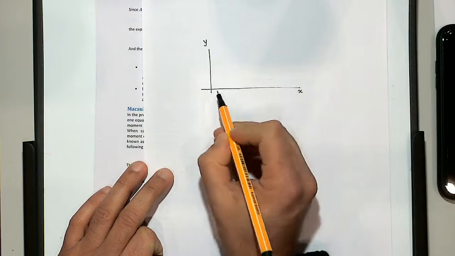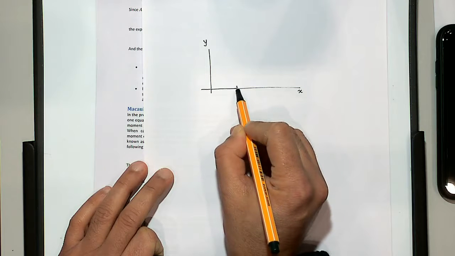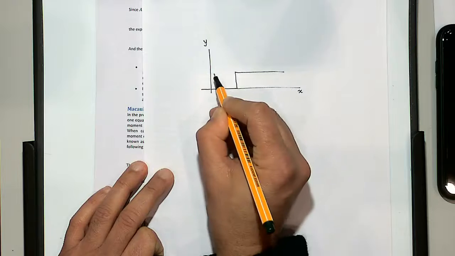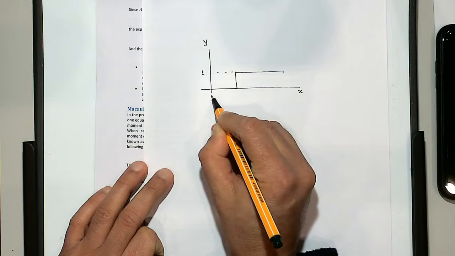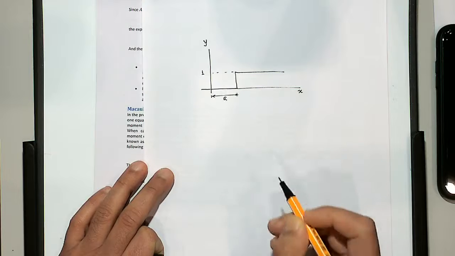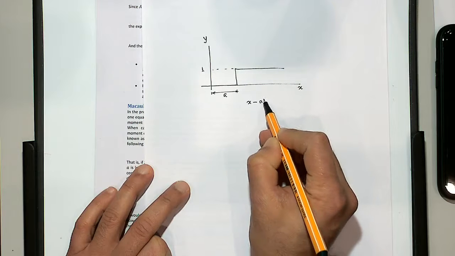So if a function is such that it will have values of 1 after some point, something like this. This value is 1, for example, and say this is, I don't know, maybe a. So this is a unit step function of x minus a.